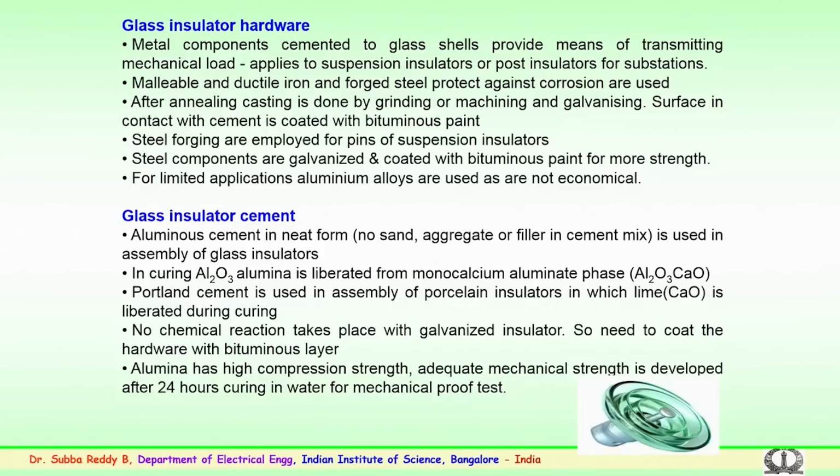Similar to the porcelain or ceramic insulators, here aluminous cement in a very clear, neat form, which contains no sand, aggregate or filler in the cement mix, is used for the assembly of glass insulators. In curing, alumina (Al2O3) is liberated from the monocalcium aluminate phase.